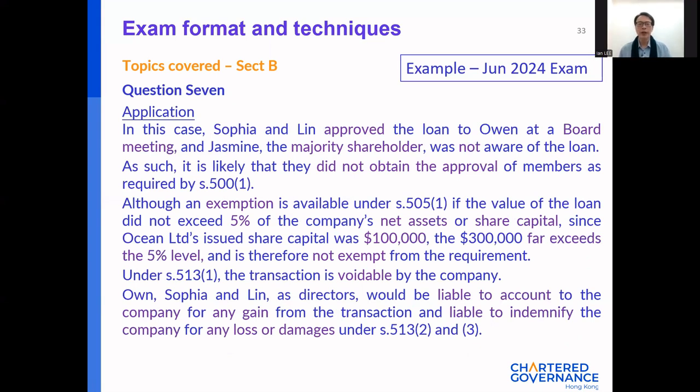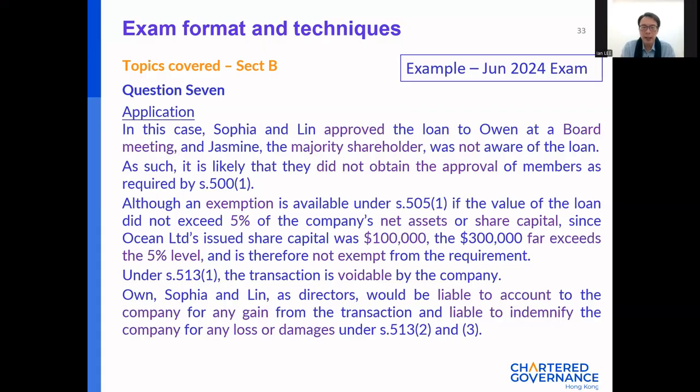Okay, so you may try to argue, does the exemption apply under section 505, subsection 1? Well, it will only apply if the transaction did not exceed 5% of the company's assets or share capital. Since Ocean Limited's issued share capital was $100,000, the $300,000 loan would far exceed the 5%, therefore no exemption.